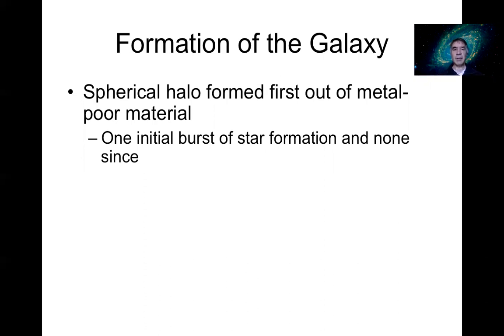That metal-poor material, a great big spherical clump, collapses, fragments, and forms all of the spherical halo components, so the globular clusters, probably the first things in our galaxy to form. You found that when you found out the ages of them. They were all approaching 10 billion years old, so very, very old.